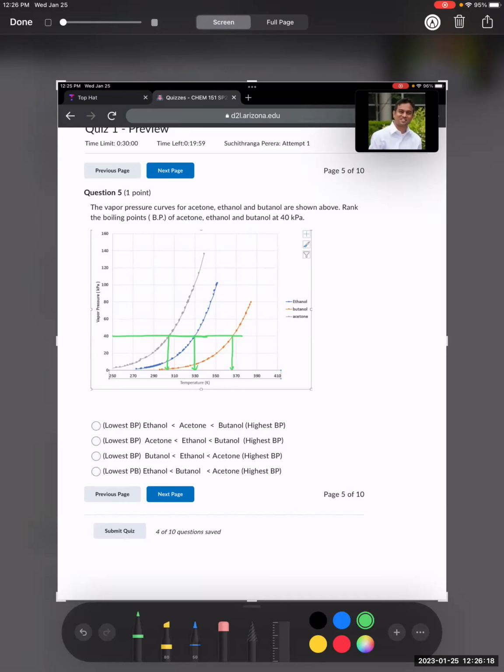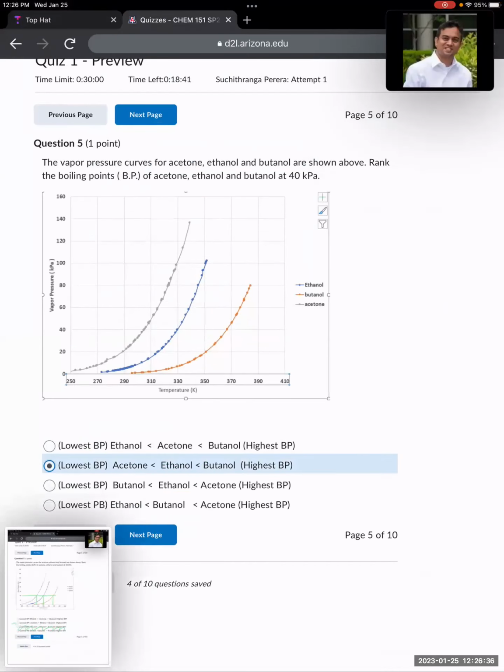Therefore, we have the highest boiling point for butanol, and then it cannot be these answers. And then the lowest boiling point is for acetone, and that leaves us with option B. Okay, so let's go with that.